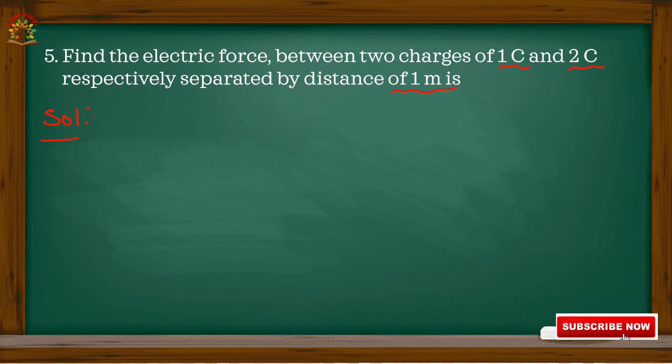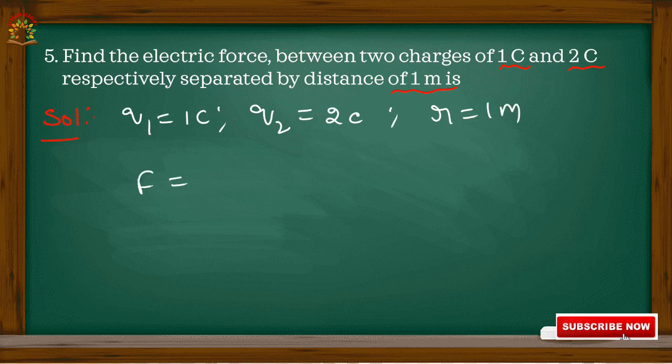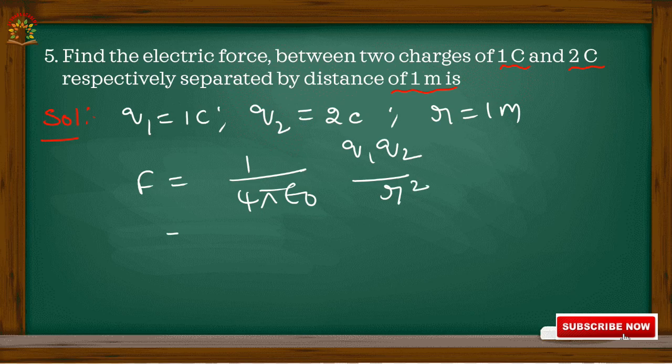So first, given Q1 is equal to 1 coulomb and Q2 is equal to 2 coulombs, and the distance R is equal to 1 meter. From Coulomb's law, F is equal to 1 by 4 pi epsilon naught, Q1 Q2 by R square. Substituting values, 1 by 4 pi epsilon naught is 9 into 10 to the power of 9, Q1 is 1 and Q2 is 2, R square is 1 whole square.